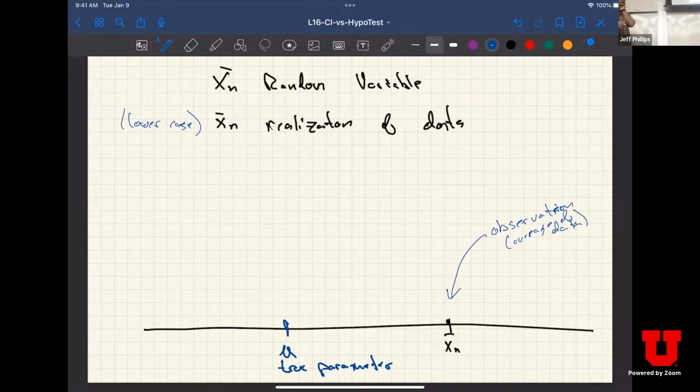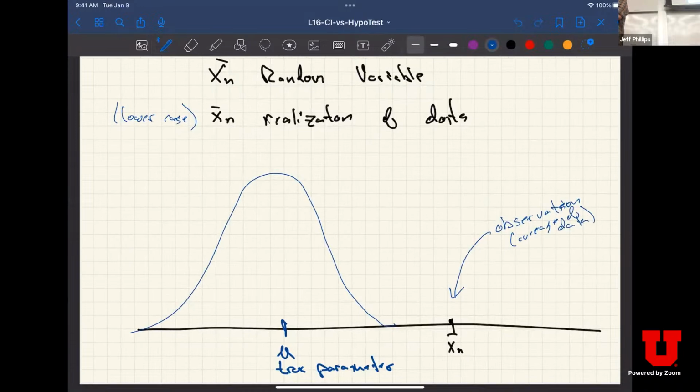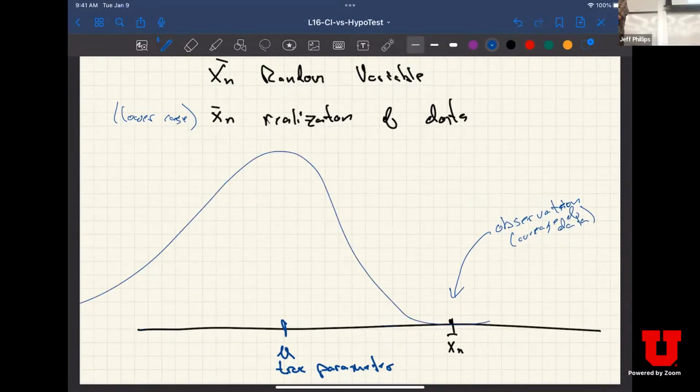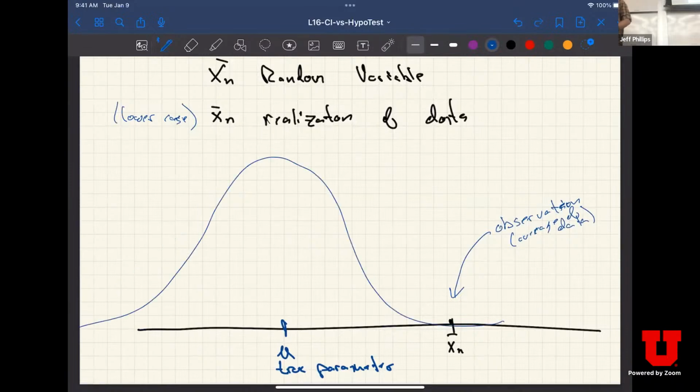Now, if this was the true parameter, then there's going to be a distribution associated with the statistic. Let me make this a little bit wider here. Usually this is going to be symmetric.